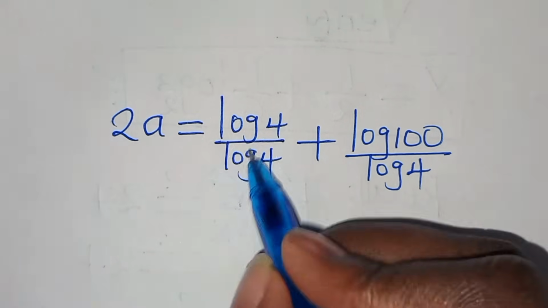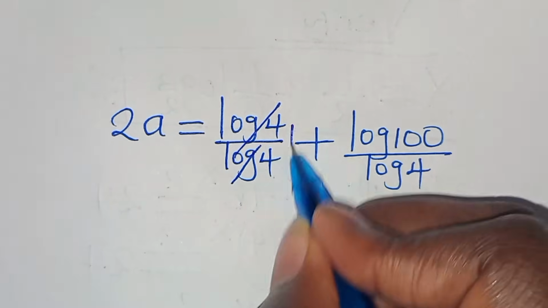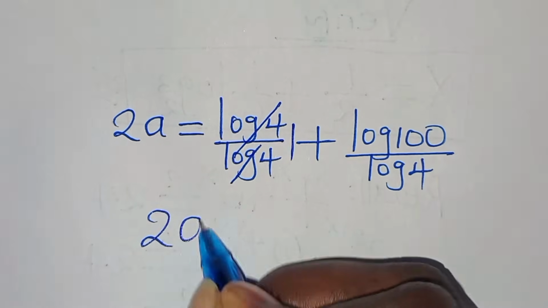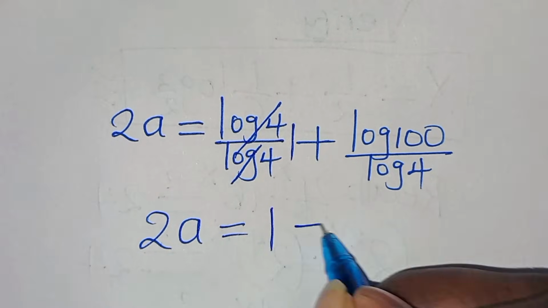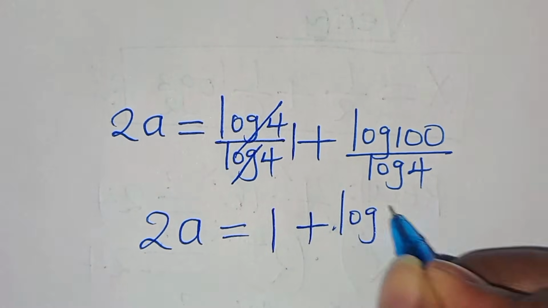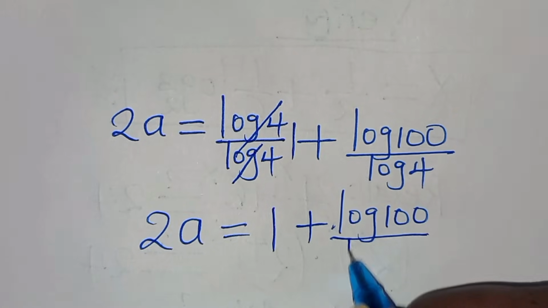Now the next step is to simplify log 4 and log 4 here. So we have 1. So 2a, this is equal to 1 plus log 100 divided by log 4.